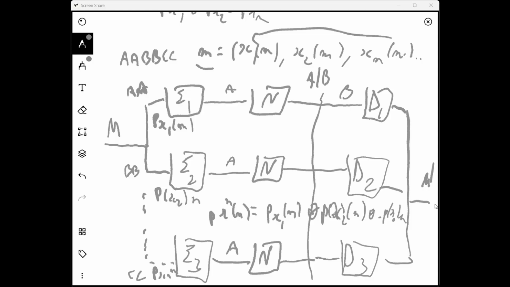So Bob performs individual measurements at the outputs here, for each D1, D2, D3, by exploiting a POVM. It's just the Born rule, which says we have the POVM for the measurements multiplied by the state itself, rho xi of m.